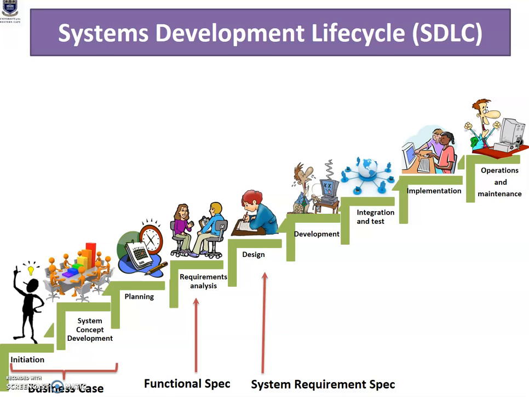Once the opportunity is identified, we then move on to system concept development. There we define the boundaries of the concept, and then let's move to the planning phase. In the planning phase, we develop either a project management plan or other plan document. These provide the basis for acquiring resources required to achieve the solution.